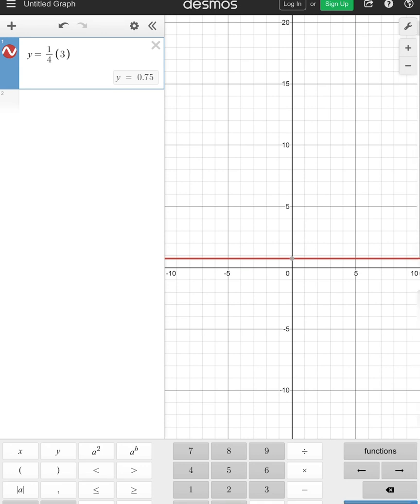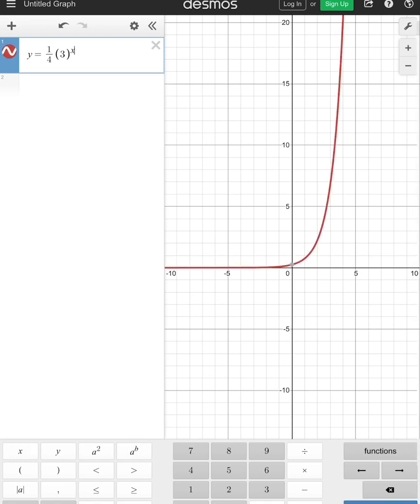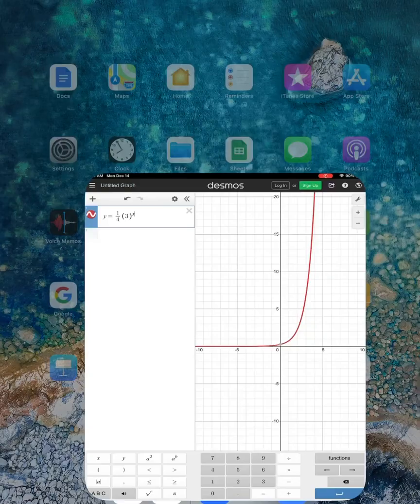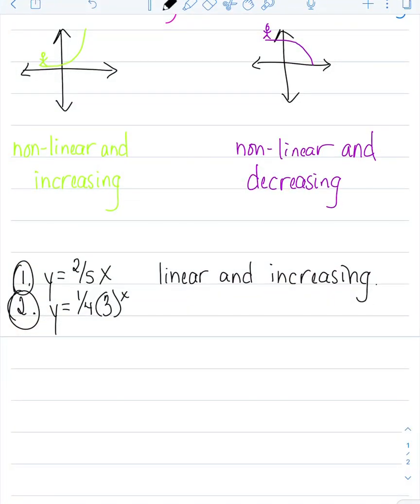And the way you raise it to the x power is you hit this A to the B key. See how it raises it up. So now let's take a look at the graph. It looks like it's non-linear and increasing. So let's try one more equation.